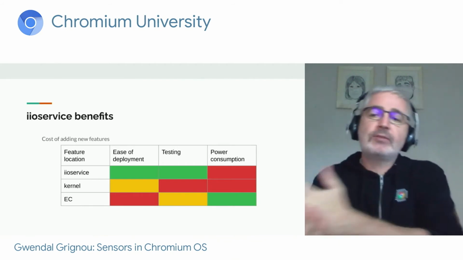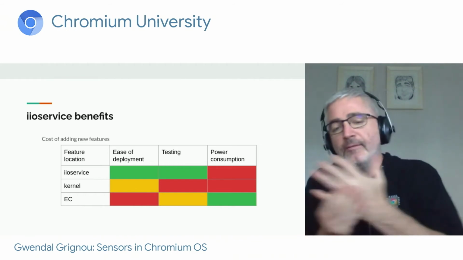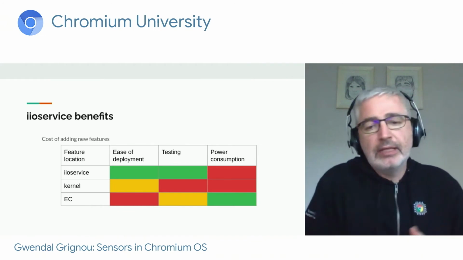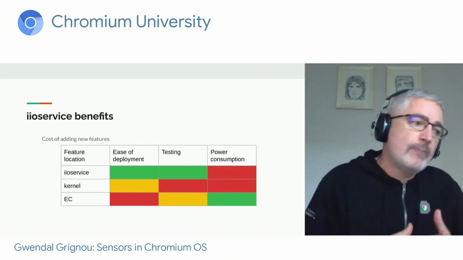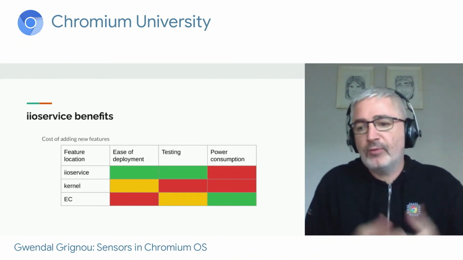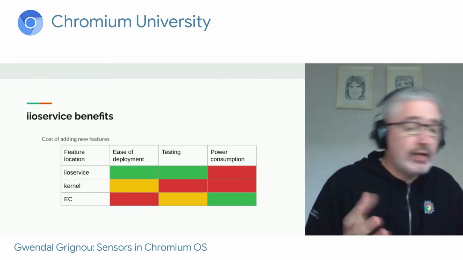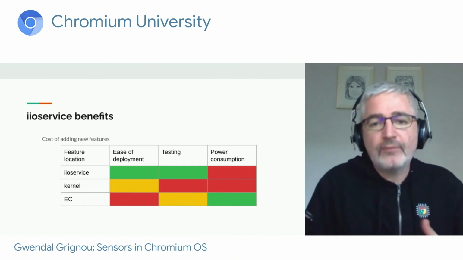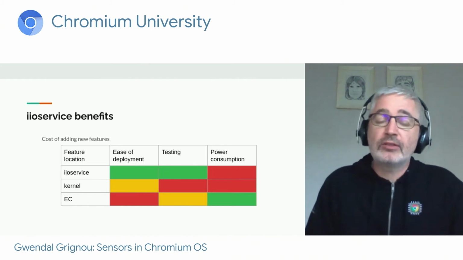If it's a bug we have to fix, or a feature we have to install on older devices, it's more difficult to deploy because we have to do firmware qualification and it takes time, and there's less will to do that on devices that already shipped. So when we have a new feature, having it in the EC is not great.